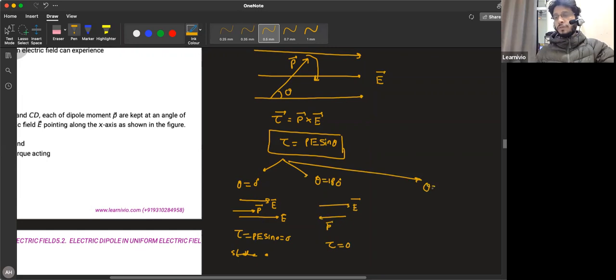Third case is if your theta is 90 degree. That means the electric field and dipole moment are at 90 degree. So your torque will be PE sine 90, which is 1. So the body will experience the maximum torque, which is PE.